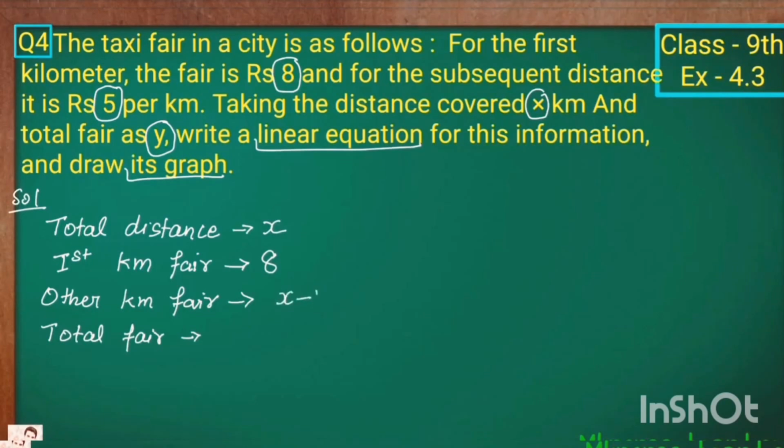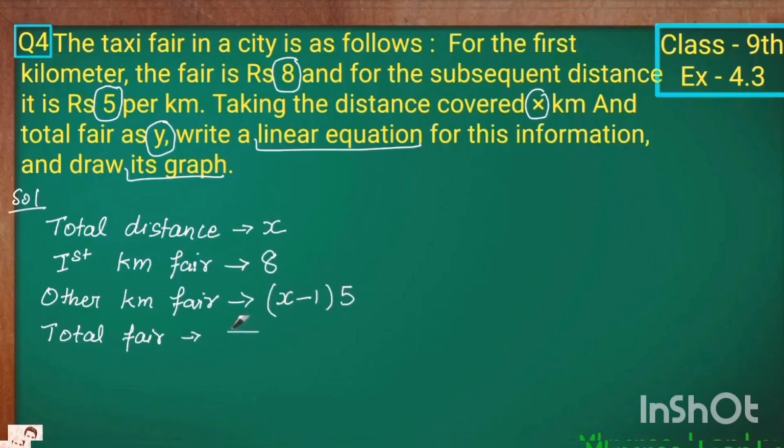If you subtract 1 kilometer from that 5 kilometer, how will you find the remaining distance? 5 minus 1. Here also the same way, total distance x. If you subtract the first kilometer from x, what's the remaining distance? x minus 1.